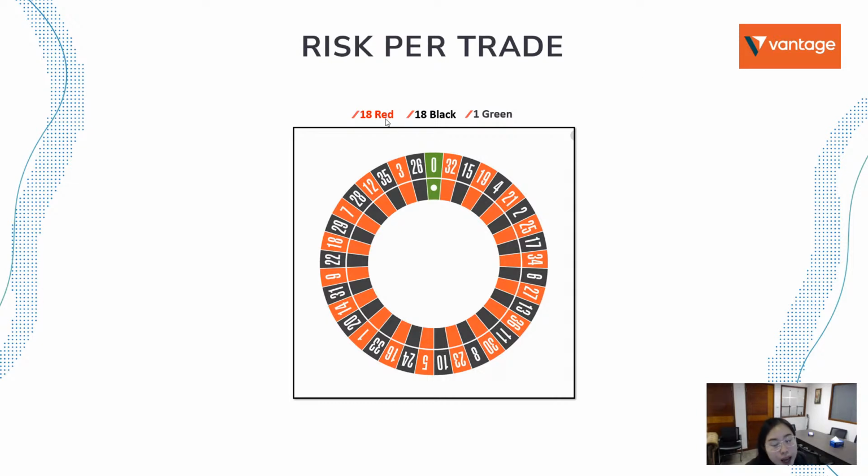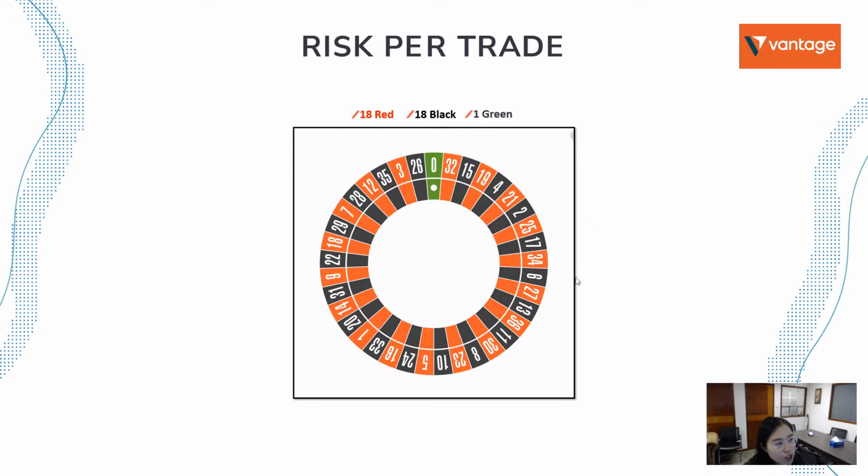Let's say if you bet on the ball landing on red or black, you have a 48% chance of winning, on either one. And if you pick the green, I think it's 2 to 4%.